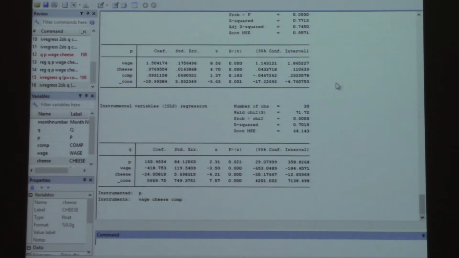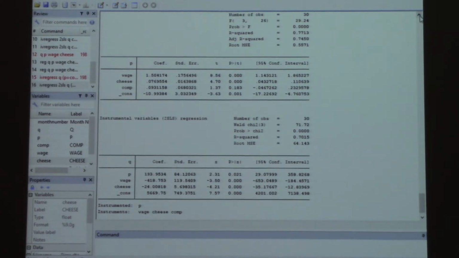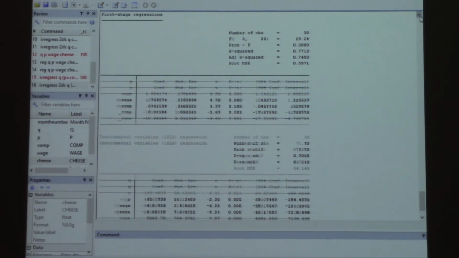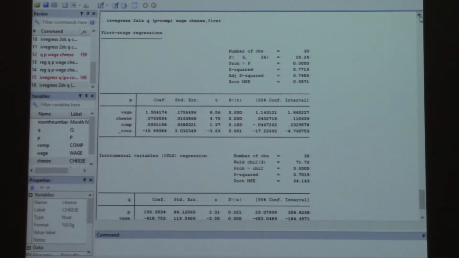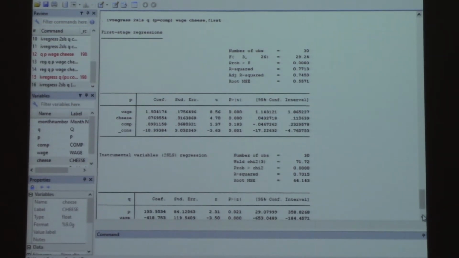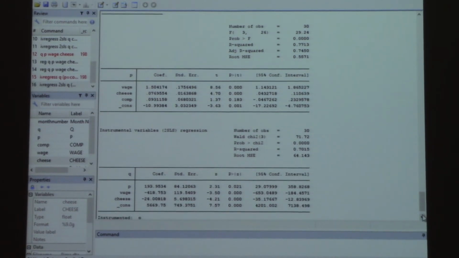Okay, so let's check out our first stage, make sure we've got a valid instrument. Competitor's price is positive but insignificant. Our F-stat is greater than 10. So we've got a valid instrument, even though competitor price is not necessarily statistically significant.